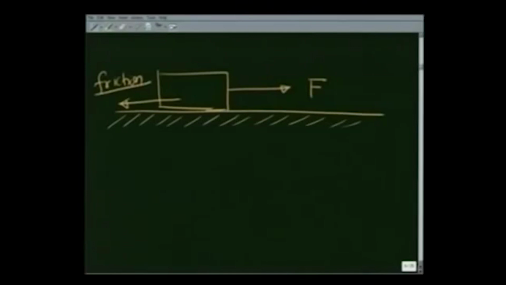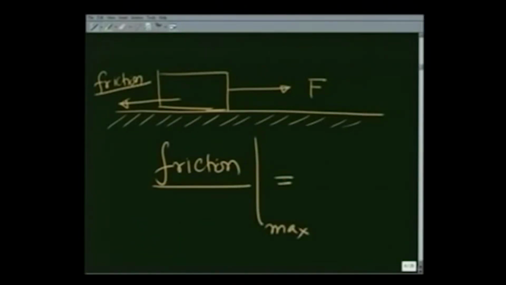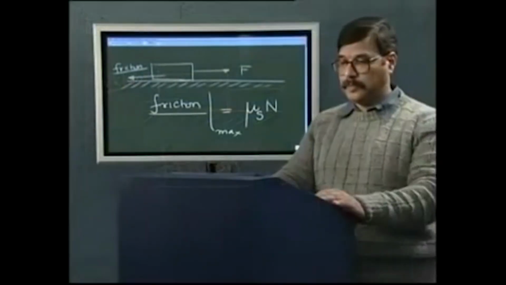It is observed experimentally that the maximum frictional force that a surface can apply on a given mass is given by mu, where mu is a constant, times N, and I'll put a subscript s here to indicate that this is static friction. Friction is slightly different when the body starts moving, and we'll be discussing that.